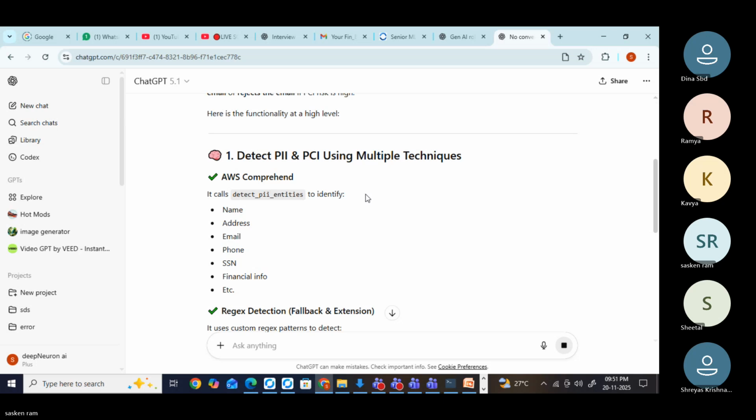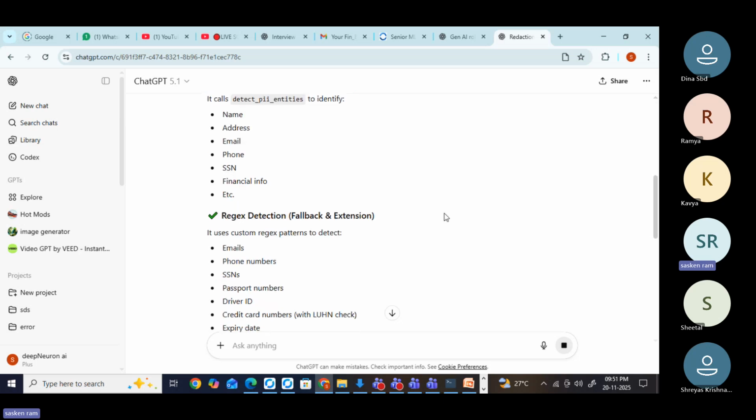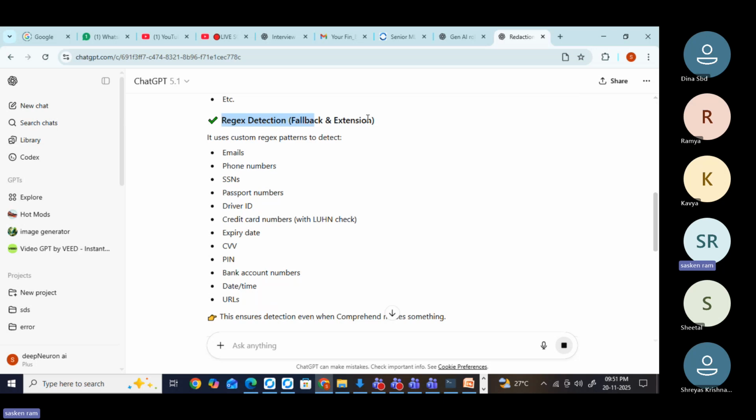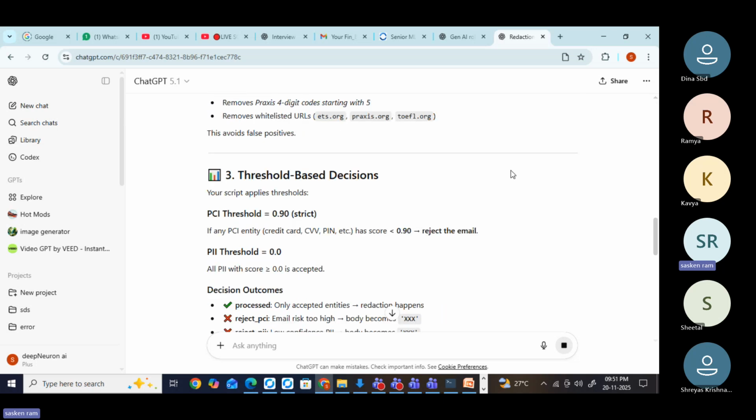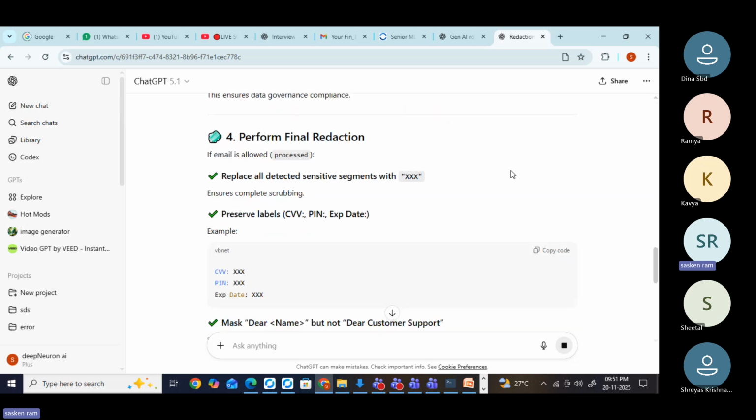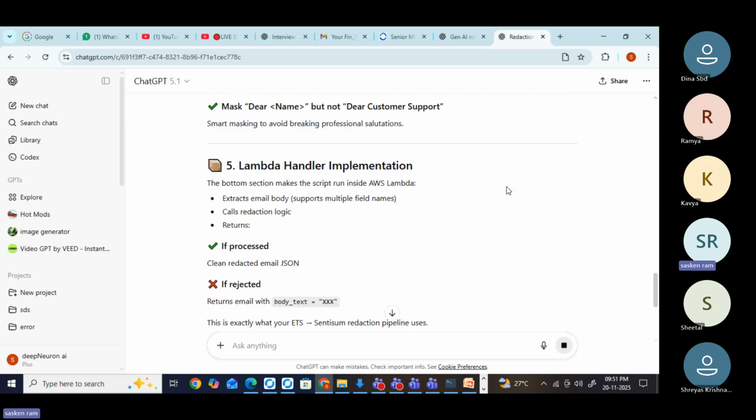Okay, here is a function at high level. Comprehend, what it does. Regex. How many of you are good with regex, guys? It's high time. If you do not know what regex is, you need to explore it. Spend as much time as possible in ChatGPT or Claude to understand regex, and then merge, clean, and filter entities and threshold-based decisions, perform final redaction, and the Lambda handler.